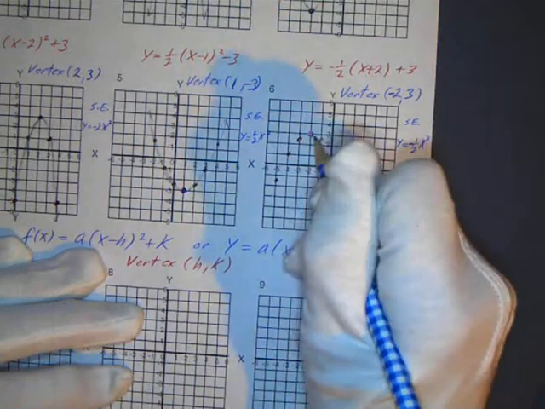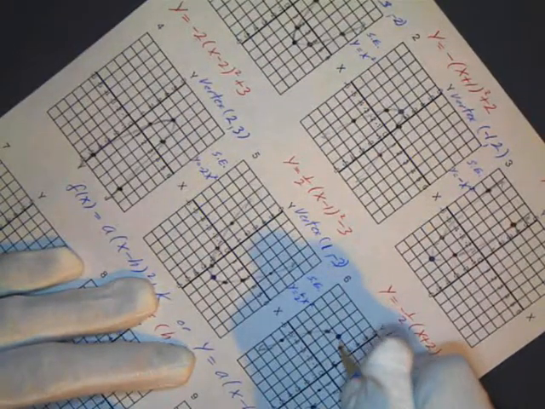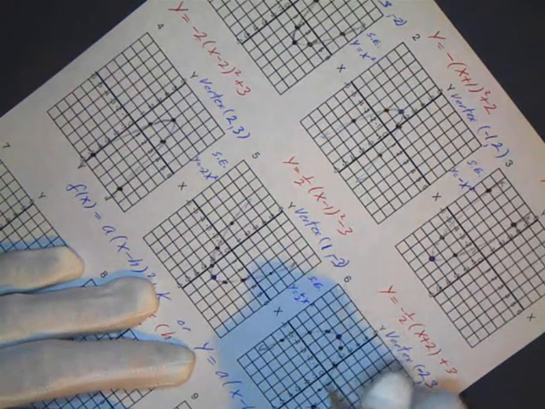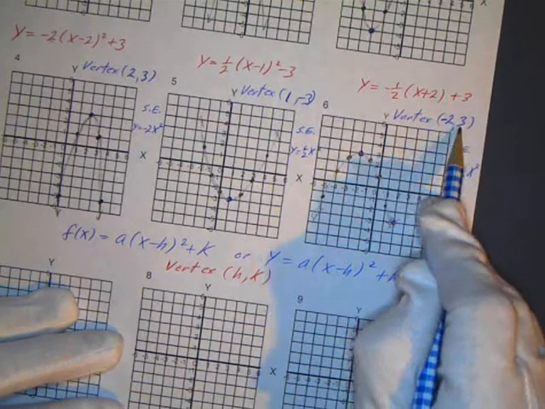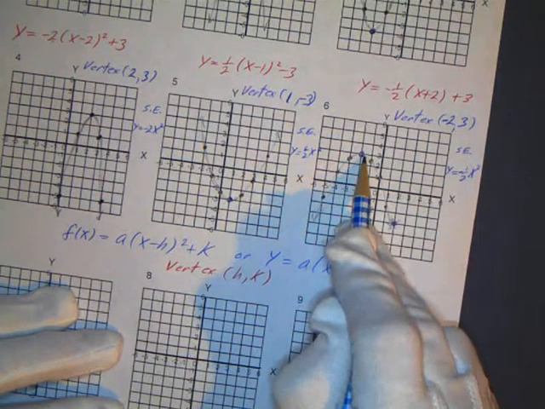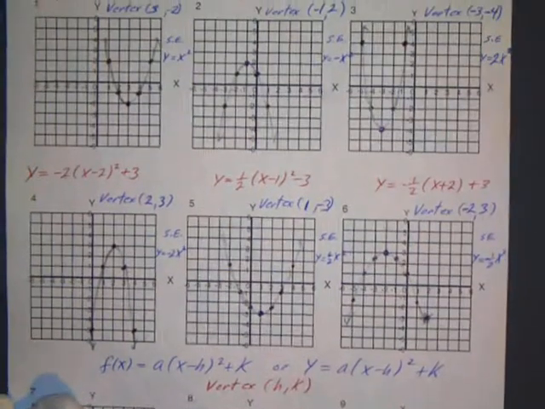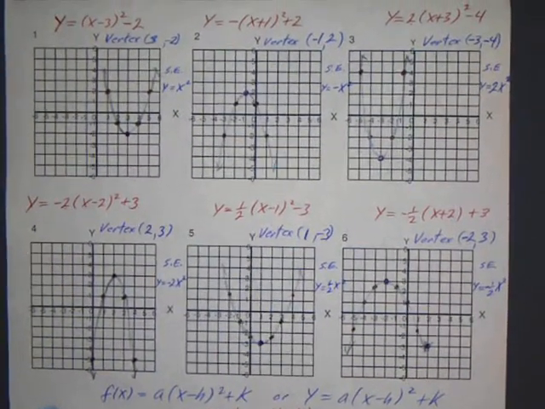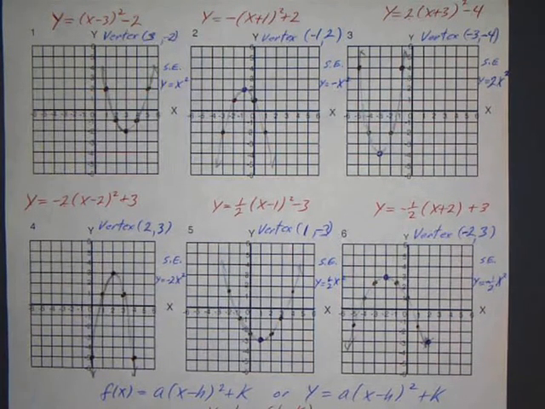And then just connect that. So again, horizontal shift, vertical shift, to the left 2, up 3. So there's your new vertex, and then we're using the shape equation. So those are 6 pretty good examples, so you can practice those, and that should give you a pretty good idea of how to find the vertex and how to use the shape equations.